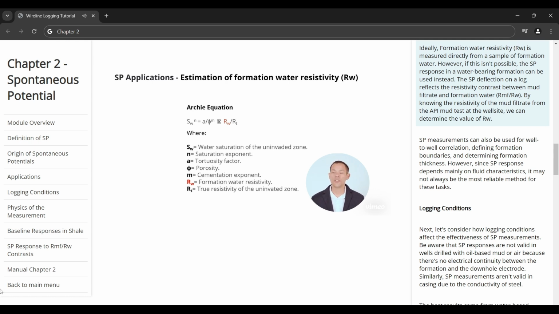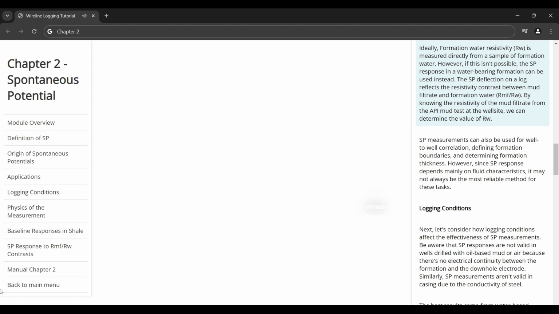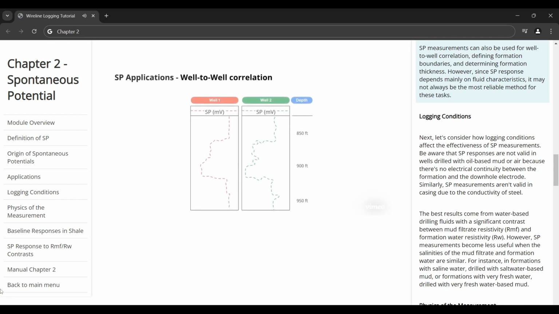The SP deflection on the log reflects the resistivity contrast between mud filtrate and formation water. By knowing the resistivity of the mud filtrate from the API mud test at the well site, we can determine the value of RW. SP measurements can also be used for well-to-well correlation, defining formation boundaries and determining formation thickness.